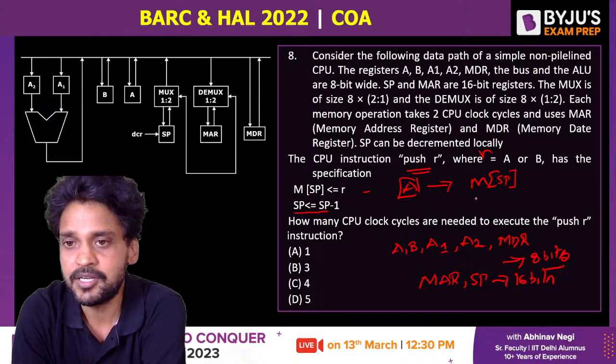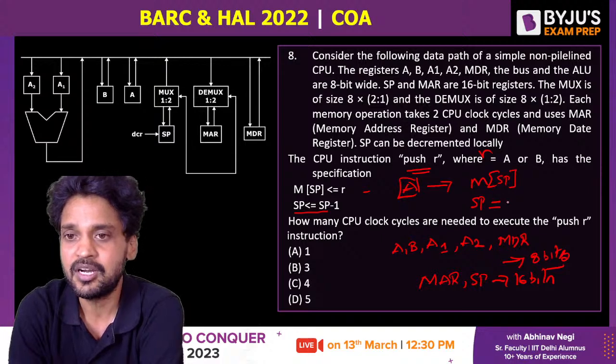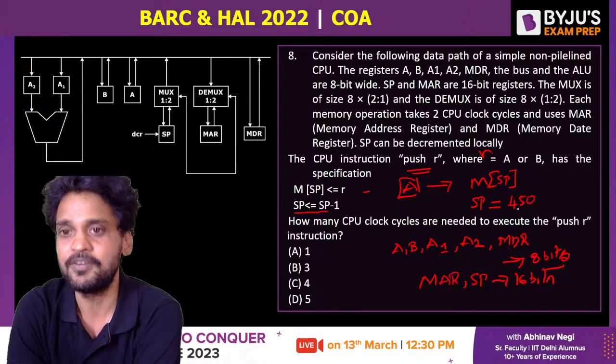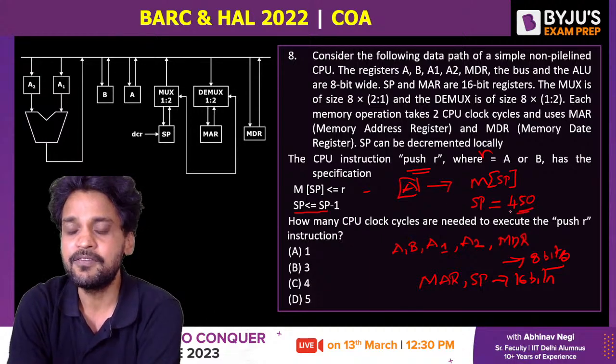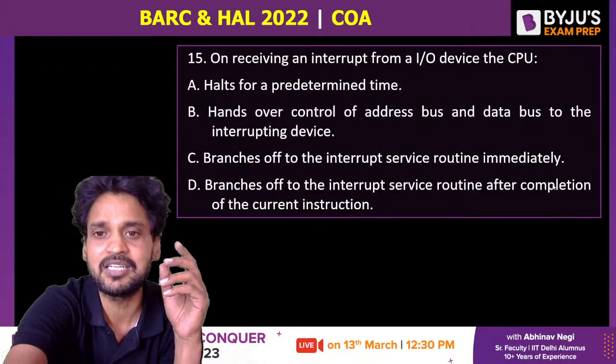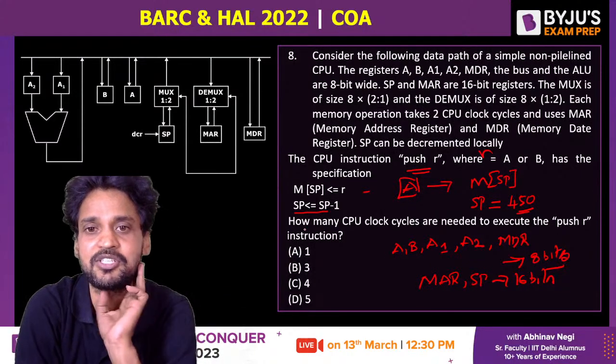The stack pointer is the register that specifies the memory address at which the top of the stack is located. Let us say SP is 450. To 450, the contents of A must be pushed. For this, how many clock cycles are actually required? This is the question.